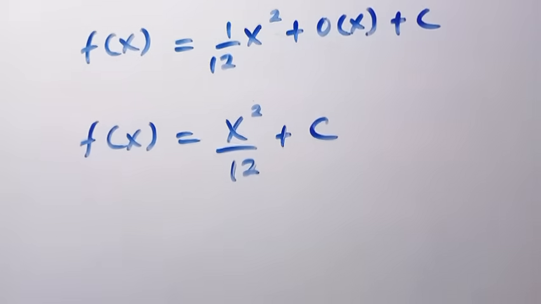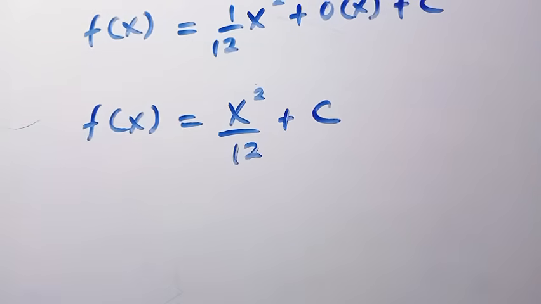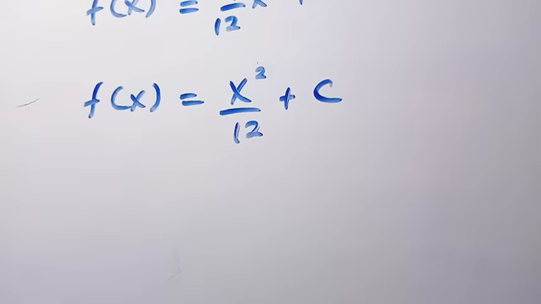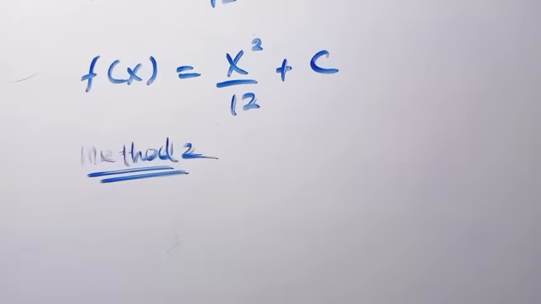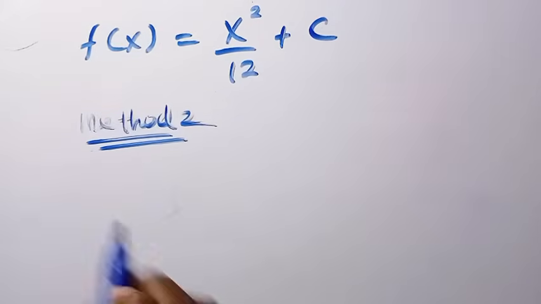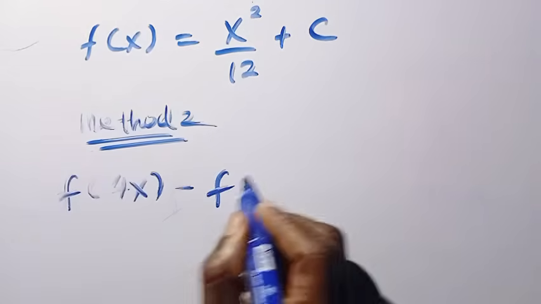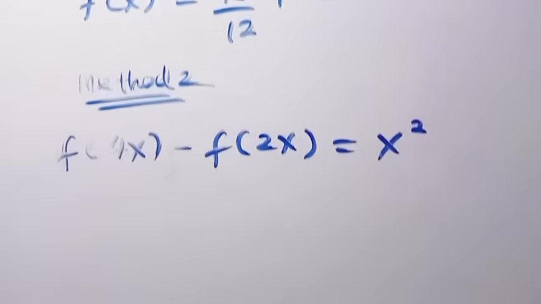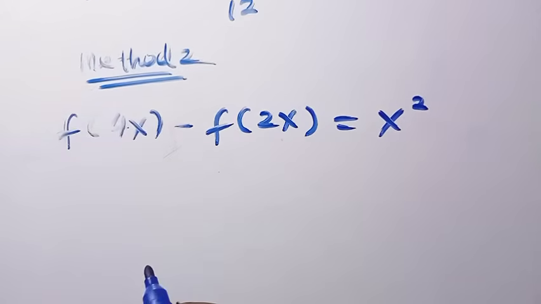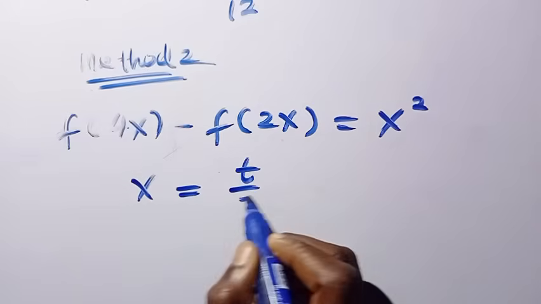But to be more robust on these functional equations, let's consider another method to make it a general form. So let's start iterating. Calling this method 2, which is more related to the first method, we have f(4x) minus f(2x) equals x squared. Suppose I apply a substitution method here, and replace x with t divided by 2.